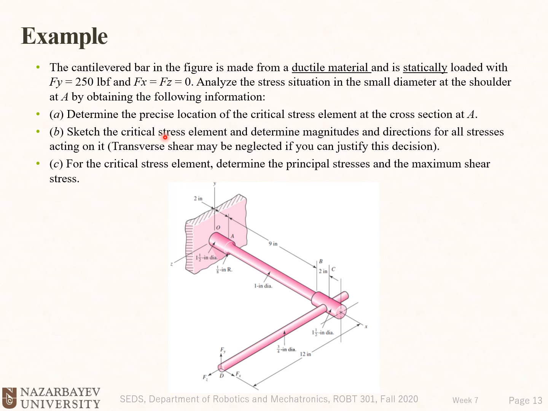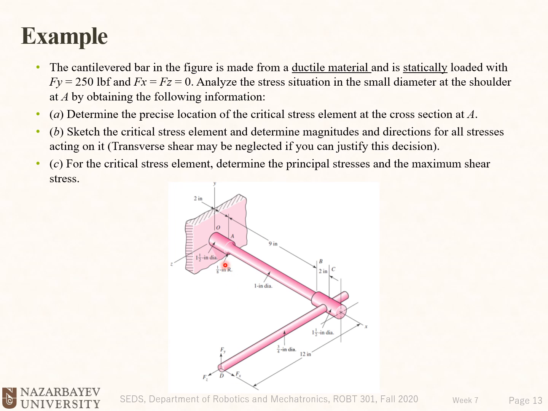Sketch the critical stress element and determine magnitudes and directions of all stresses acting on it. And for the critical stress element, determine the principal stresses and the maximum shear stress. You have all the geometrical parameters and the values on the figure.